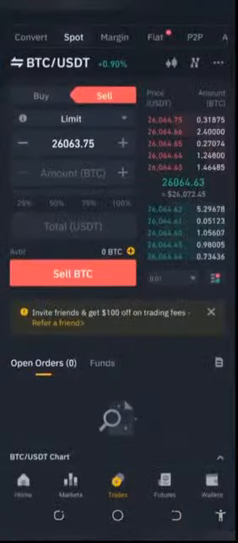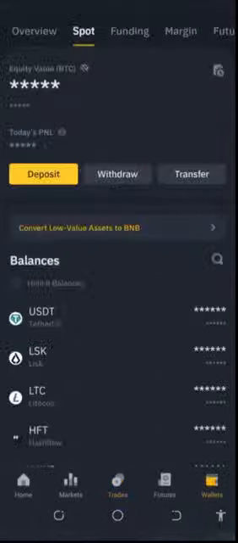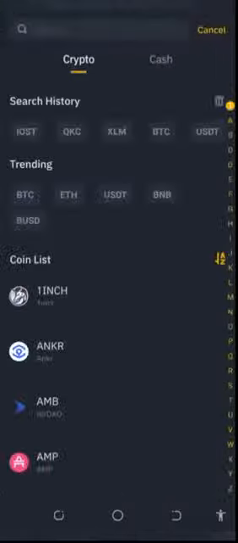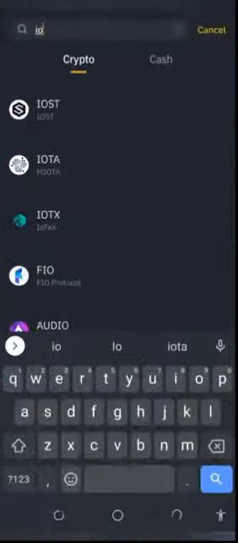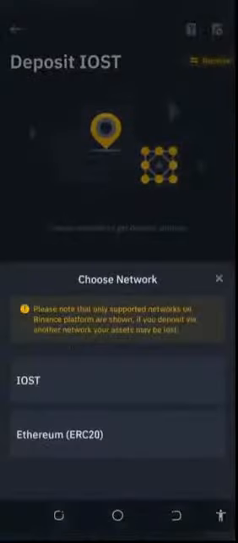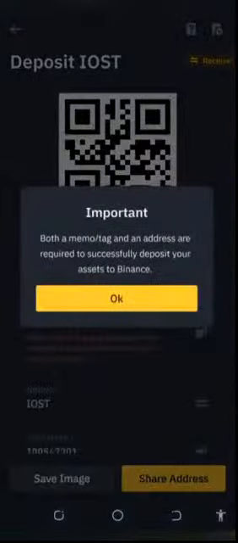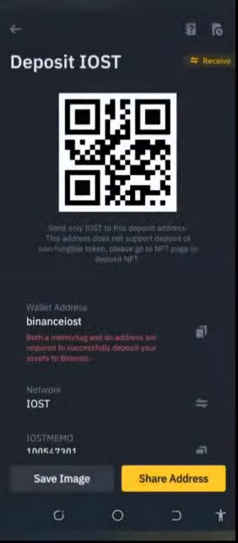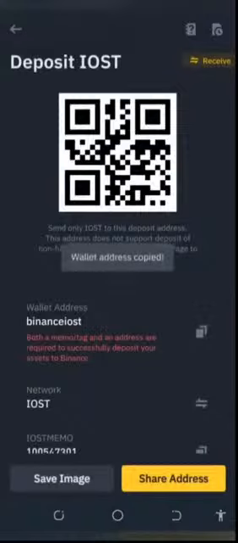So going to Binance. So we need to pick our deposit address. Okay? So let's pick the deposit address. And then that is supposed to be IOST. Okay? IOST. And then we click on IOST. All right. It says both the memo and the tag. All right. So let's click on this. We copy that.